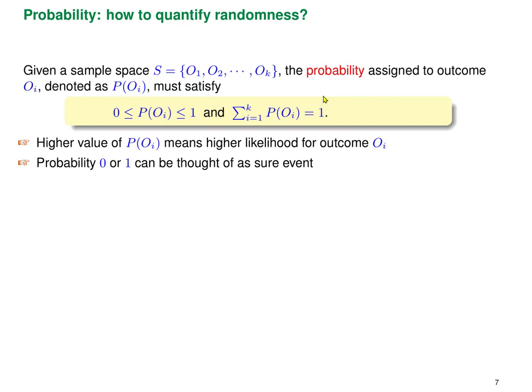Thus, we are going to require the sum of probabilities over all outcomes adds up to 1. This means that exactly one of these outcomes must occur, because by definition, all the outcomes are exhaustive and mutually exclusive.